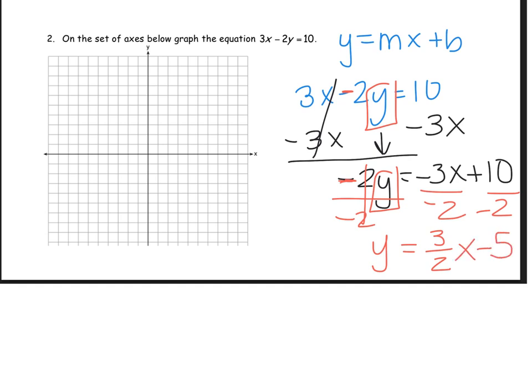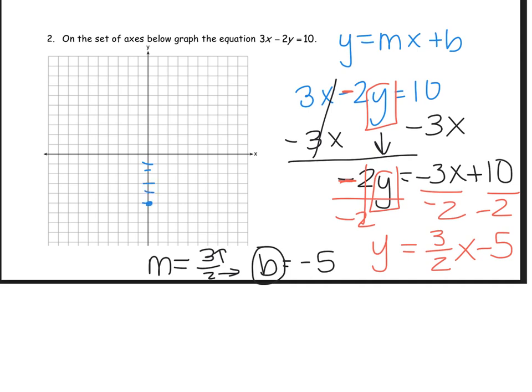So now, my slope is going to be my coefficient to my x, so that is positive 3 over 2. What that means is we're going up 3 to the right 2. And then my y-intercept is at negative 5. All right, so we always begin with the b. Let's begin at negative 5, down 1, 2, 3, 4, 5, right here.